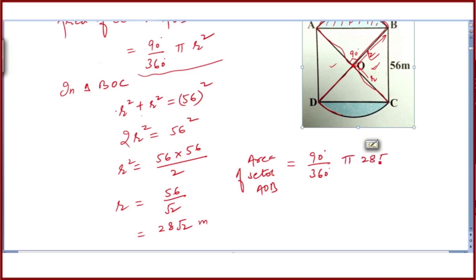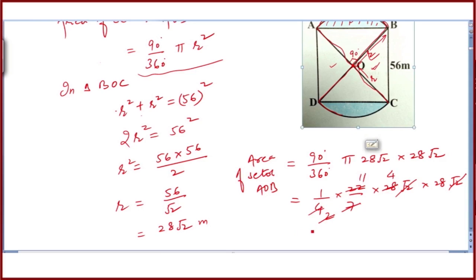So 28 root 2 into 28 root 2. This is equal to 1 by 4, pi can be taken as 22 by 7. So root 2 into root 2 will become 2. So this will give me 2 here and this will be cancelled, 11 and 7 into 4 is 28.